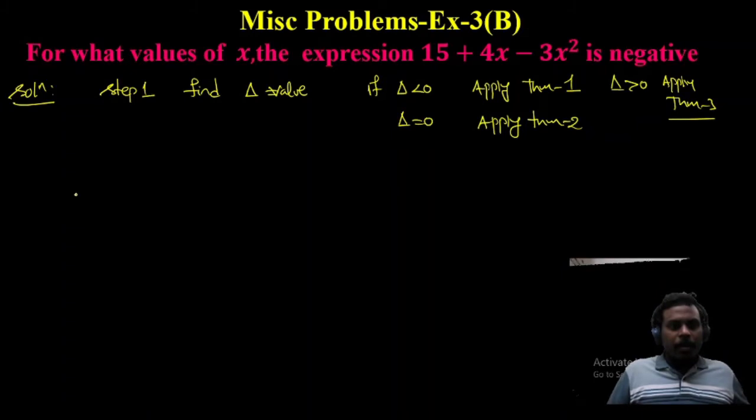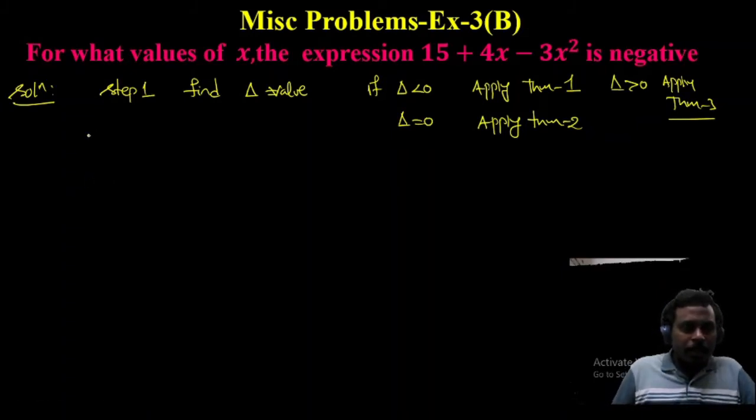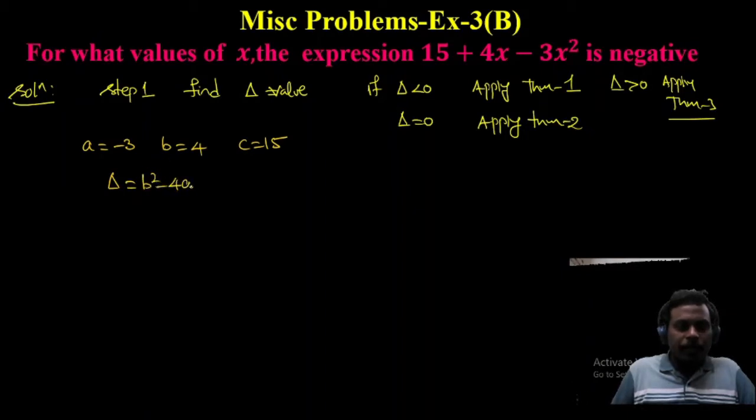Okay. Now here in the current problem, a is minus 3, b is 4 and c is 15. Let us find out this quantity delta, that is b square minus 4ac.